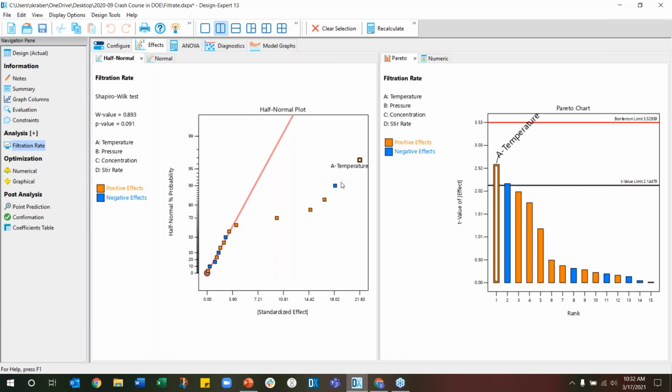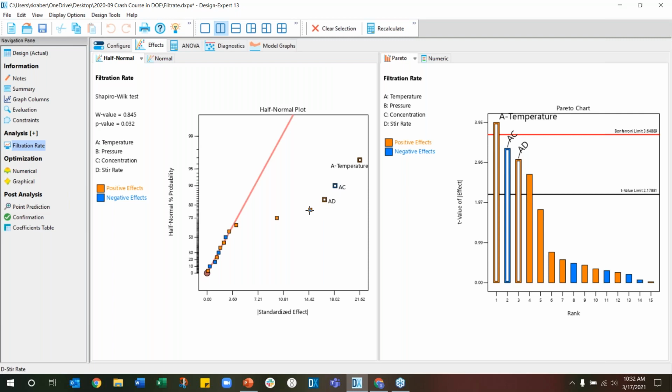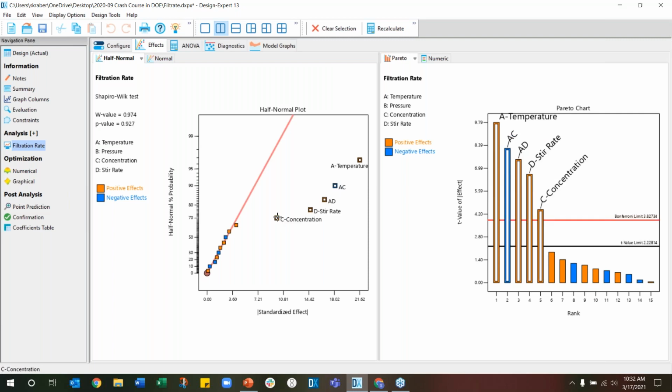So we can select effects, and basically we are turning them on and putting them in the numerator of our ANOVA. So I have all of those selected. They're also big here on the Pareto chart. And then I can click on ANOVA, and it's going to build based on these selections.